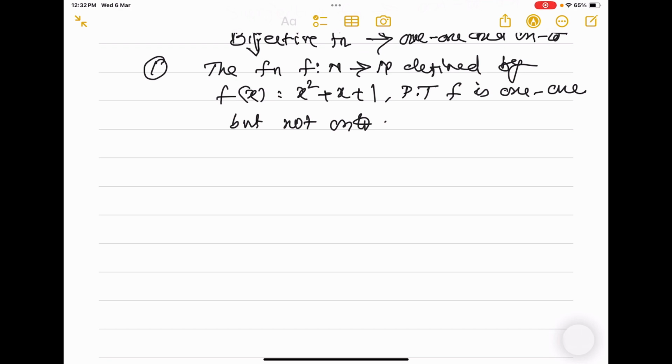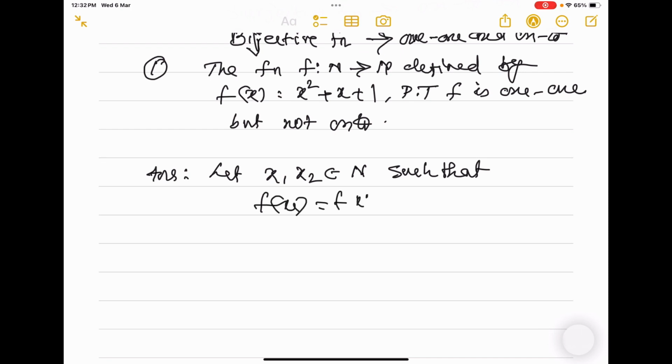We will take two numbers. Let x1, x2 belong to N such that f of x1 equal to f of x2. This is the first step.